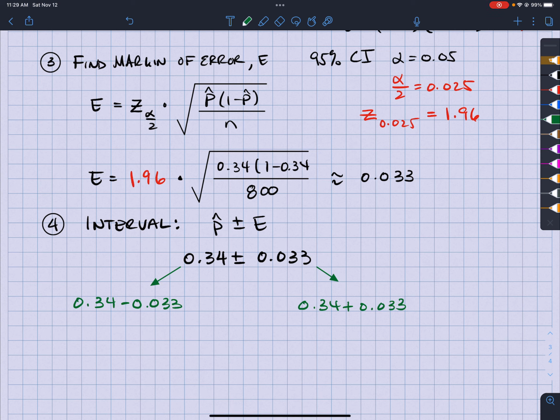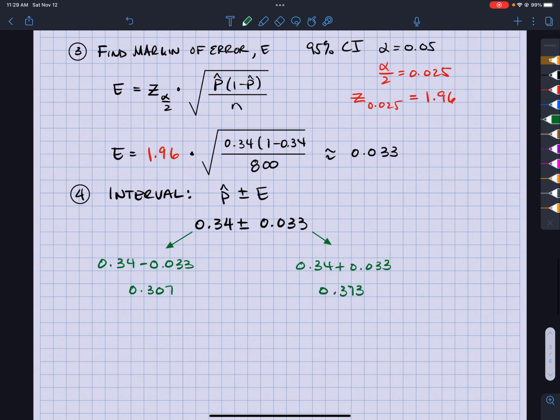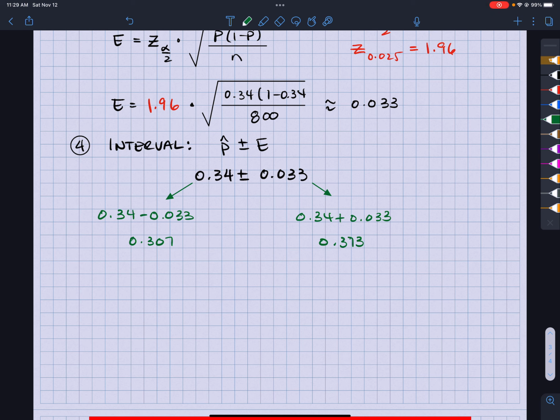So this is going to get me 0.307, and this is going to give me 0.373. So with that being said, this is also known as your lower limit or lower bound, and this is known as your upper bound.